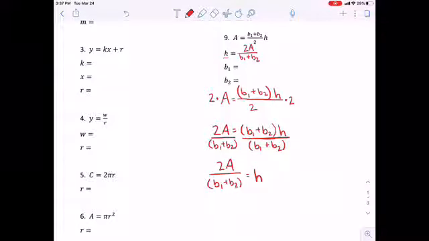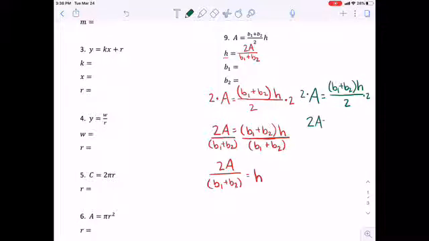Next I'm going to go ahead and get the b1 alone. So again, I'm going to start with this original equation, which was that A equals b1 plus b2 times h all over 2. Now once again, my first step, I want to get rid of the fraction, so I'm going to multiply by 2 on both sides.